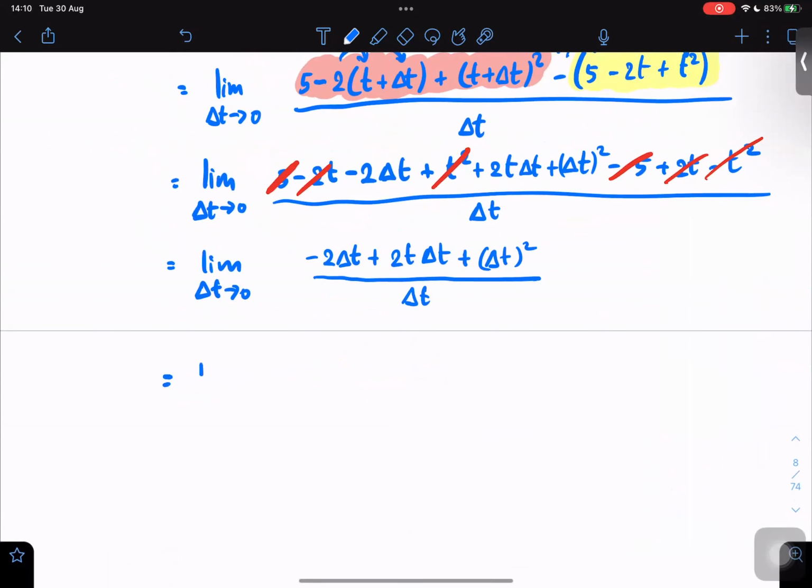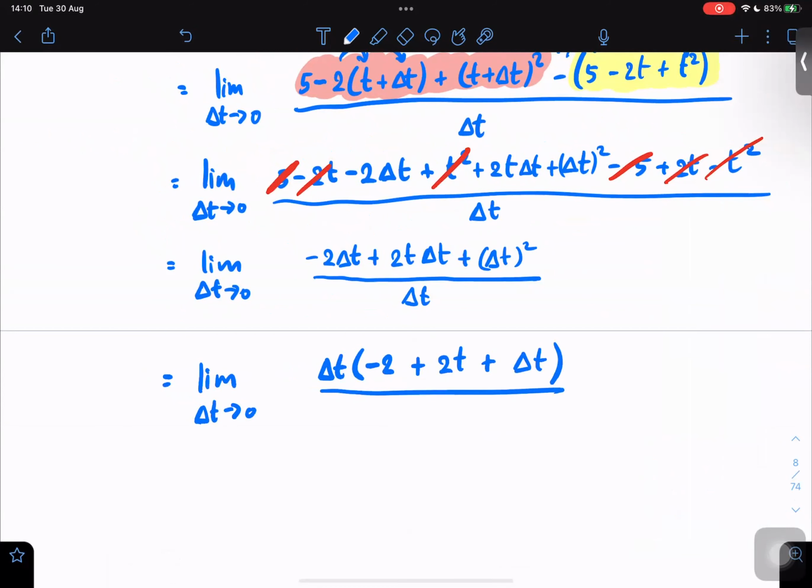There is delta t in common, so I can put delta t in front, and inside you are left with minus 2 plus 2t plus delta t, over delta t.